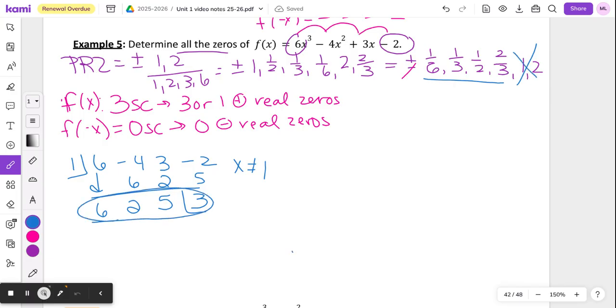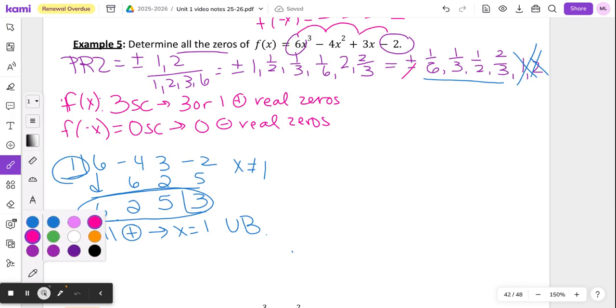But because these are all positive and I checked a positive, that means that x equals 1 is an upper bound, meaning it can't be anything past 1. So 2 is already out. All right, so now I just eliminated 2 of them by picking the 1. If I had picked like the 1/2 and it did that, I would eliminate 1/2, 2/3, the 1, and the 2. So it all depends on what you pick and if it's an upper bound or not.